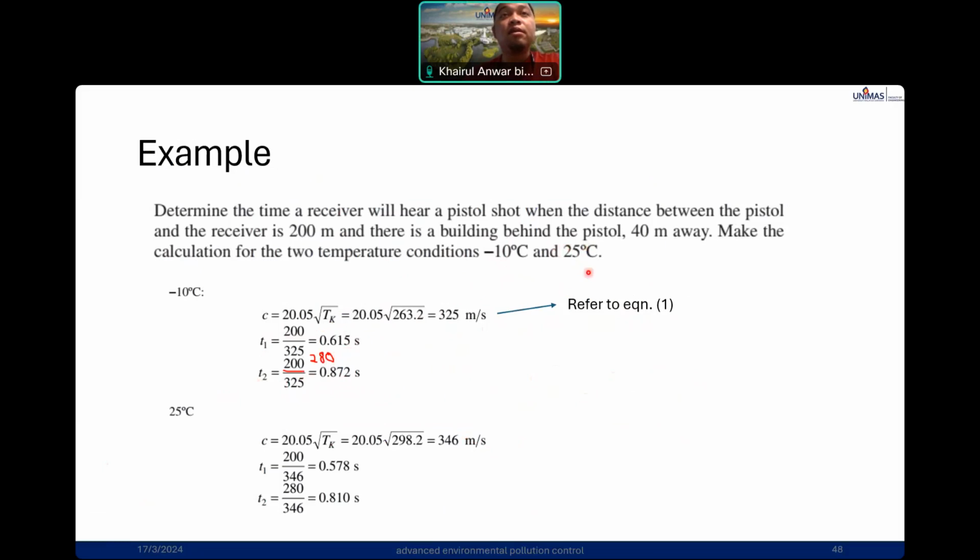And with the increasing temperature, the time taken for the sound to travel is actually reduced by a lot.